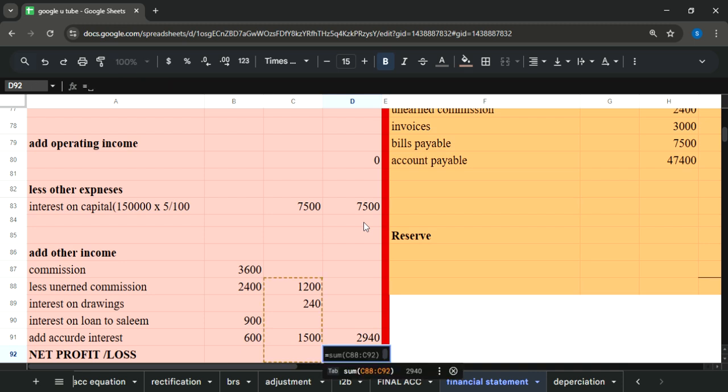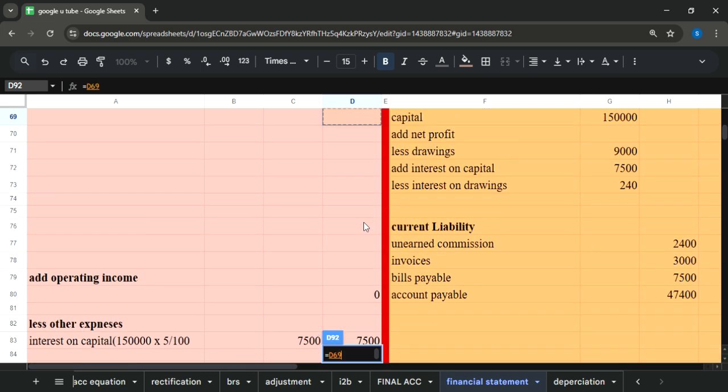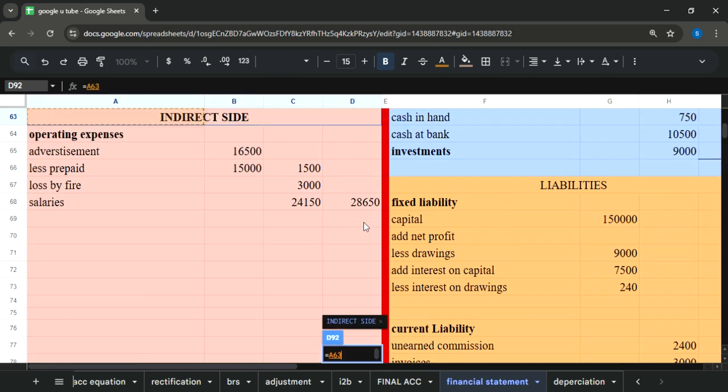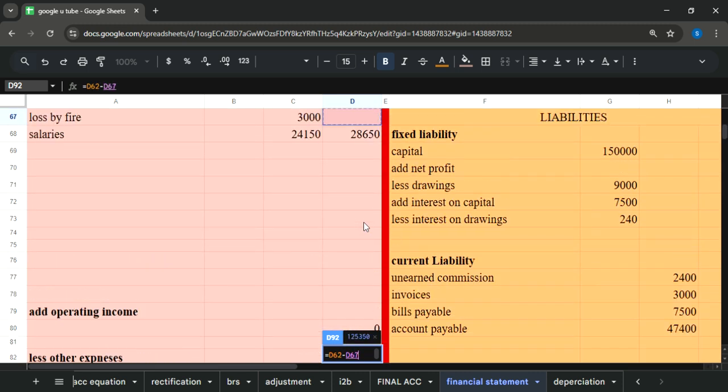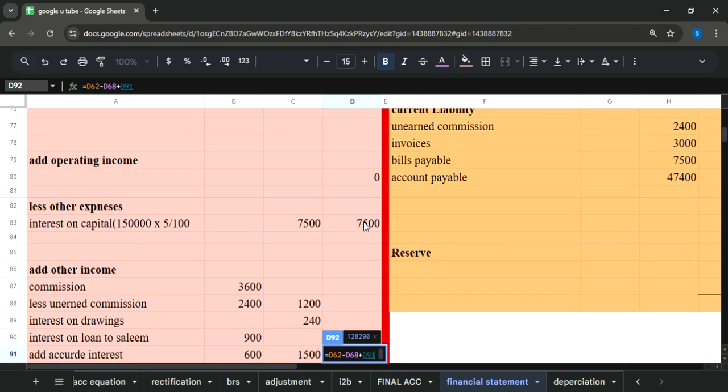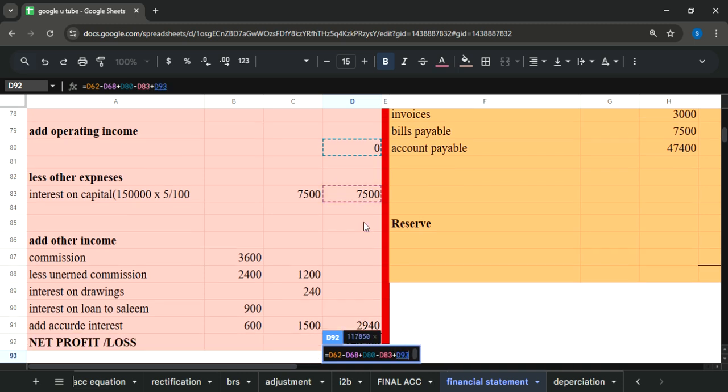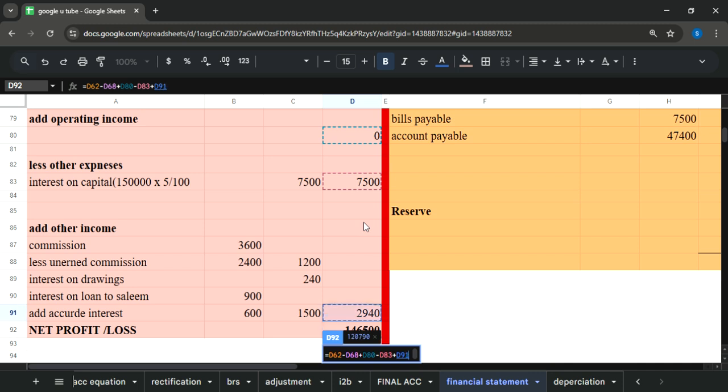Now we will be calculating the dummy net profit, or initial net profit, for which we will do gross profit minus operating expenses plus operating income. This is your 0 operating income, less other expenses, and then add other income.